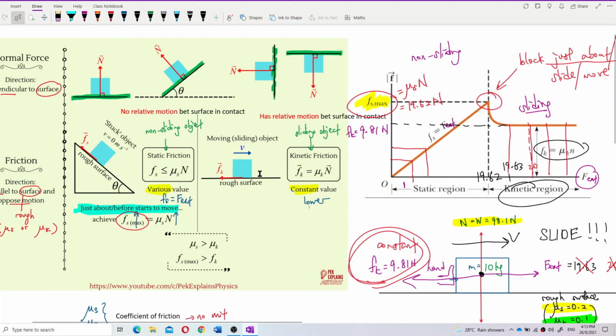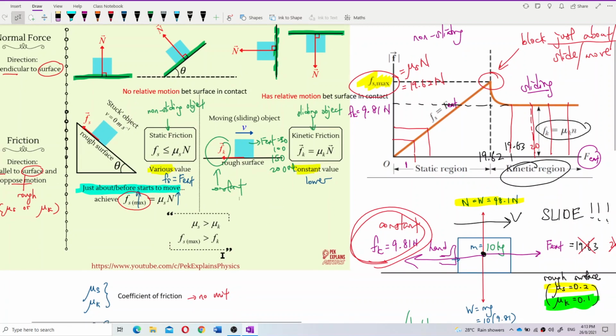No matter how much you increase the external force, whether 50 Newton, 100 Newton, 150, 200 Newton, this one is always constant, unlike last time.